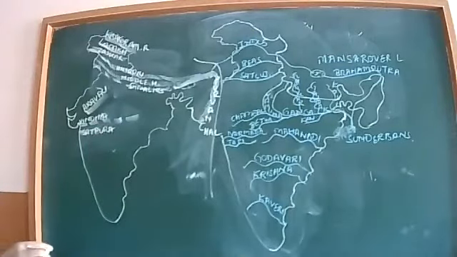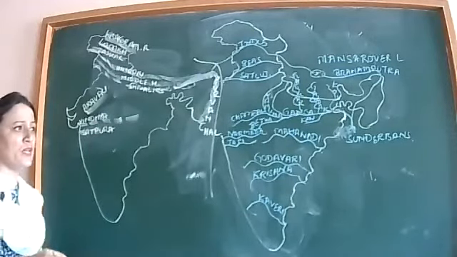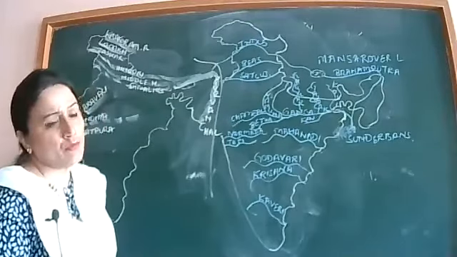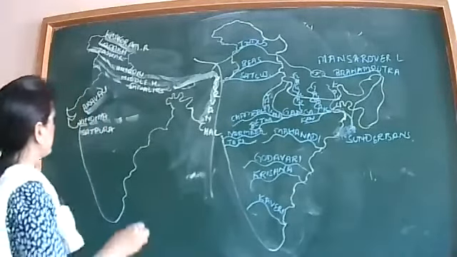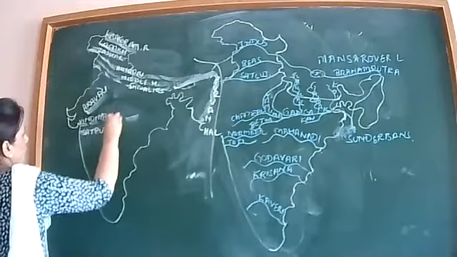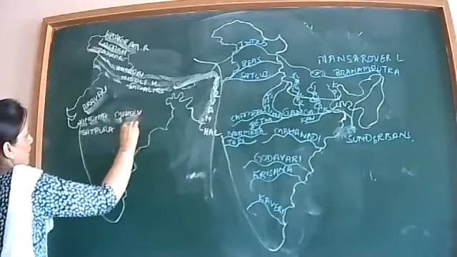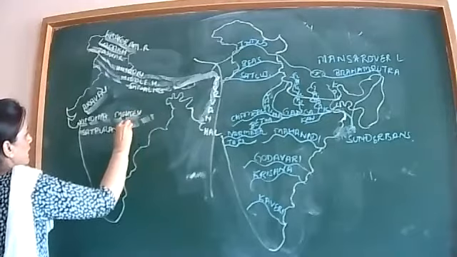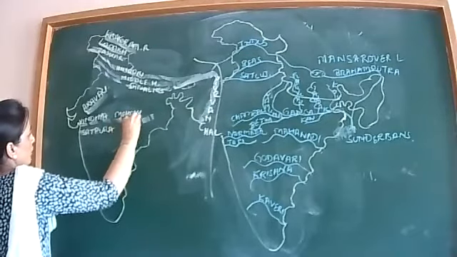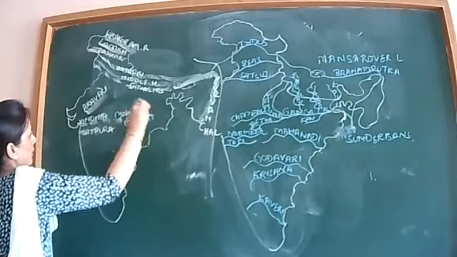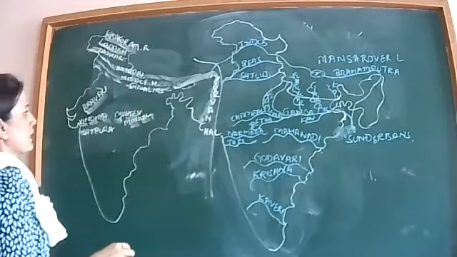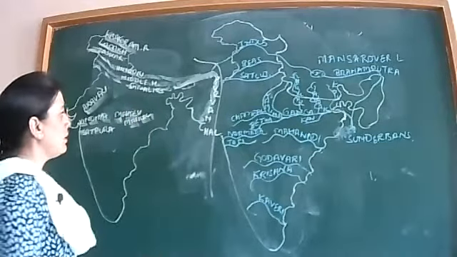Though we have done all these maps side by side, even then, for your practice, you should know about it. Then we have Mahadev Hill, Mekal Hill, Kaimur Hill.